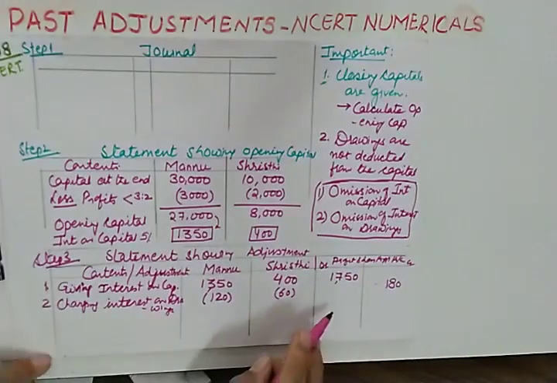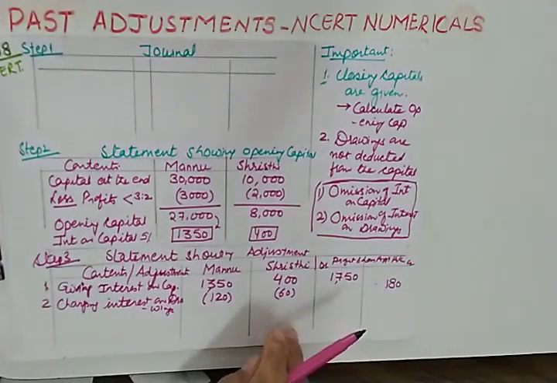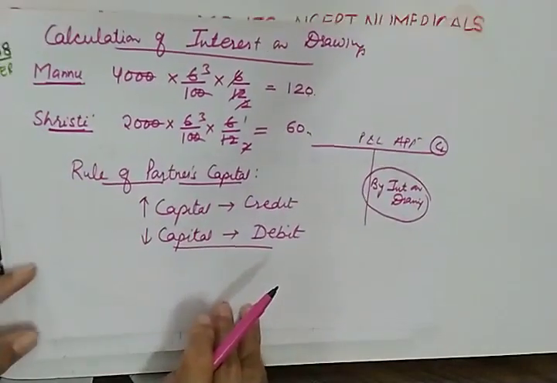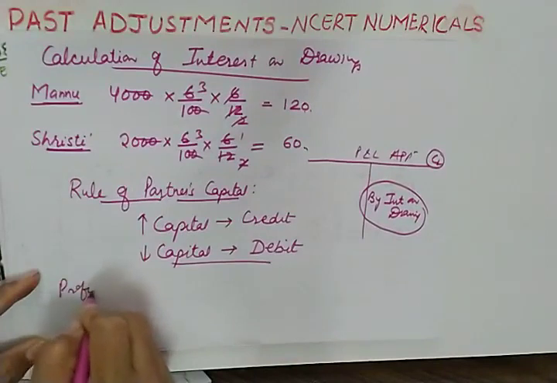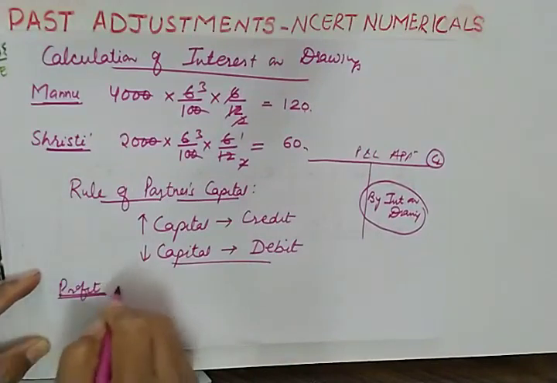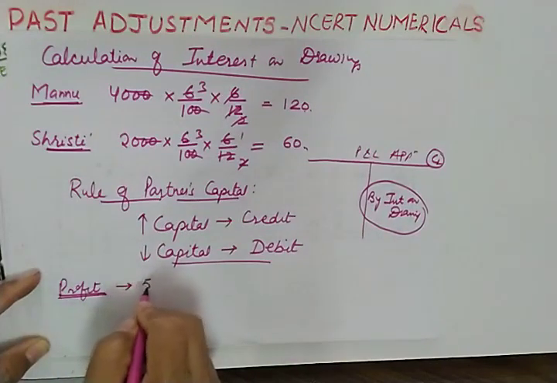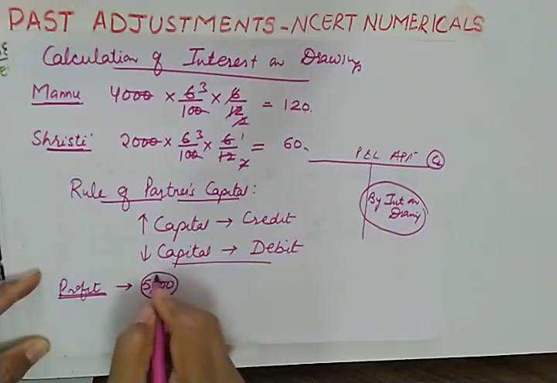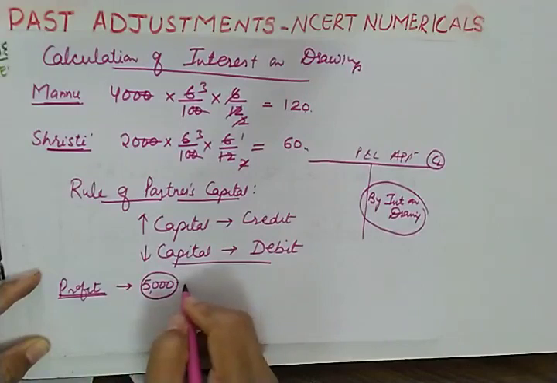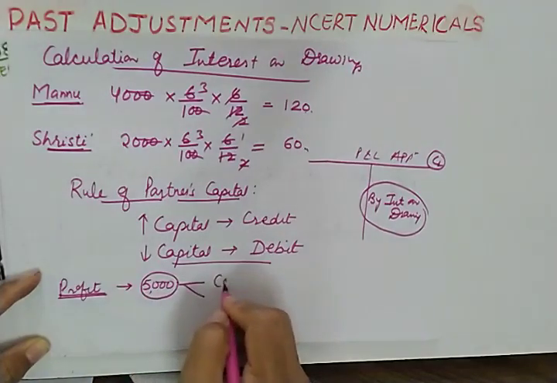Now one more important point I want to remind here is that whenever profit is given to you, in this case net profit is given as rupees 5,000, you can check this.